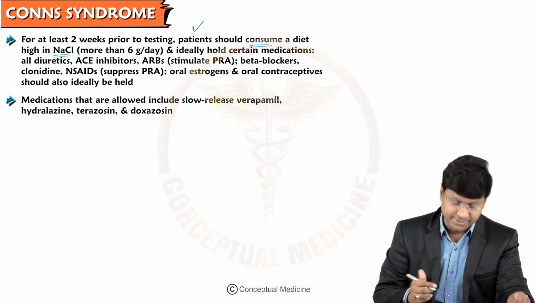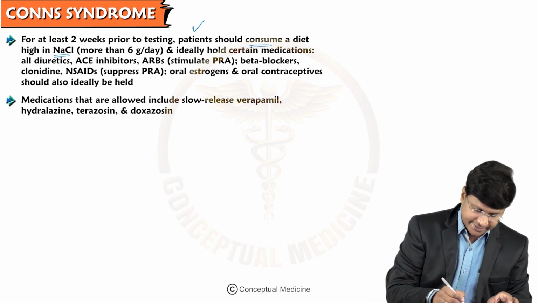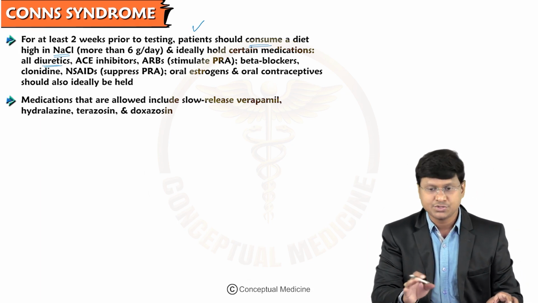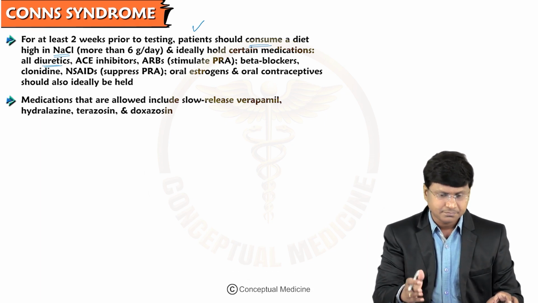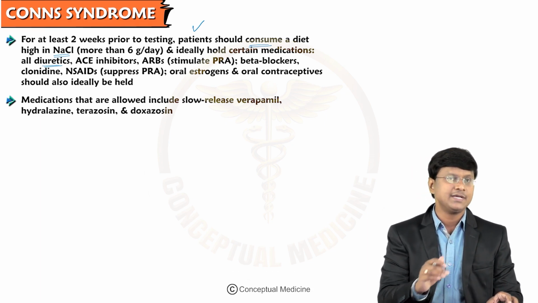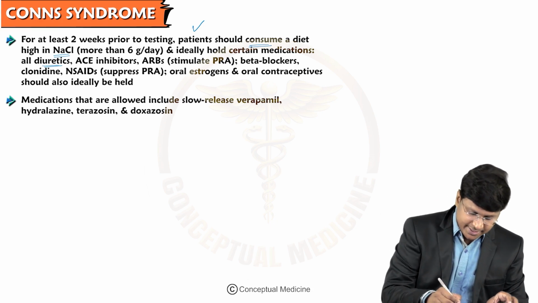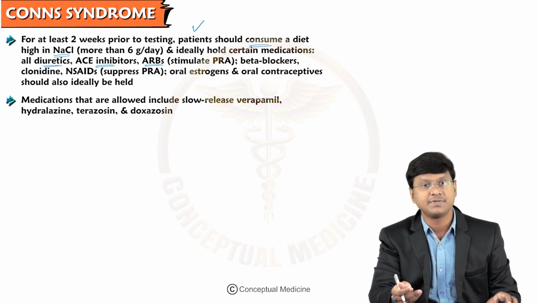Okay. And he also should hold on the other medications like diuretics. Like which diuretics? Aldosterone antagonist. They should be withheld. Because when you are giving aldosterone antagonist, that can suppress the aldosterone levels, which will give you a false value. And you take ACE inhibitors as well as the angiotensin receptor blockers.